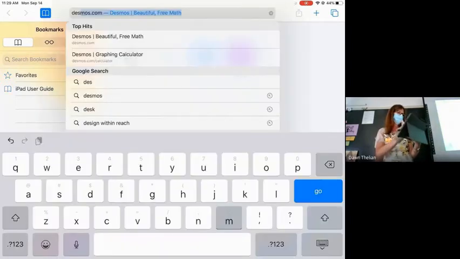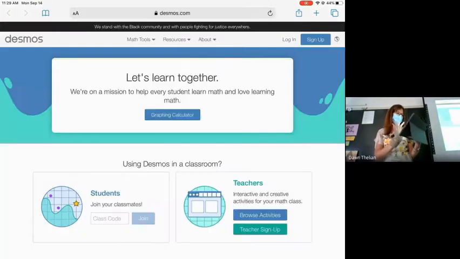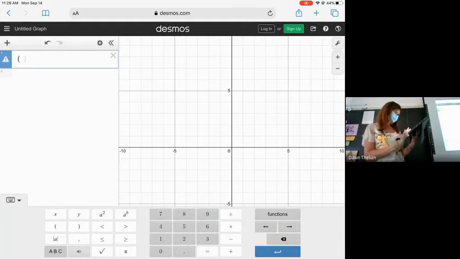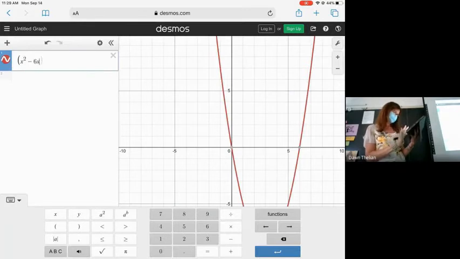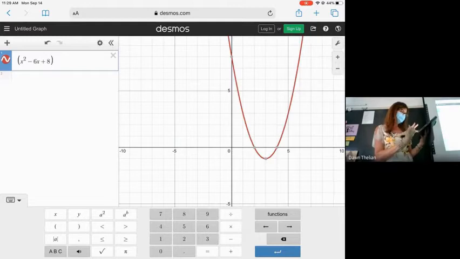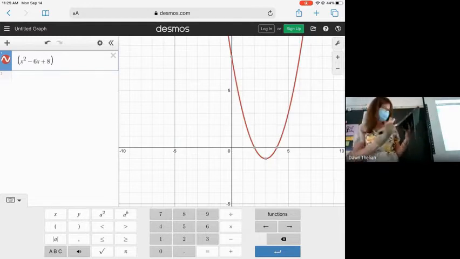So I don't have to switch screens. All right. Good stuff. What's my function? X squared minus 6x plus 8, all in parentheses because then it's divided by the entire expression x minus 2.